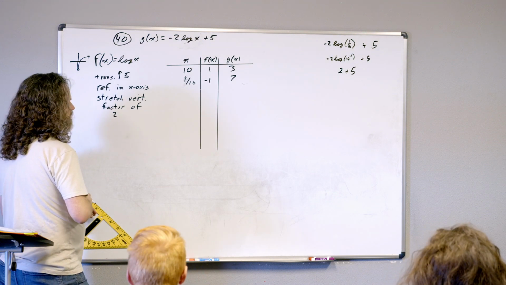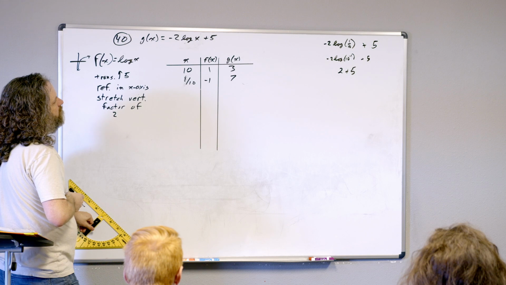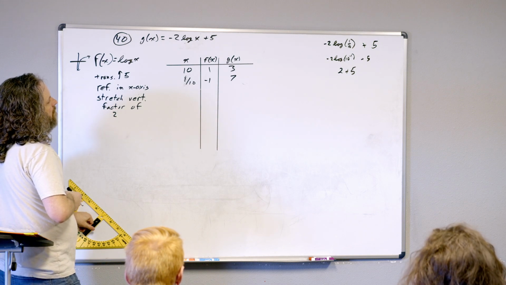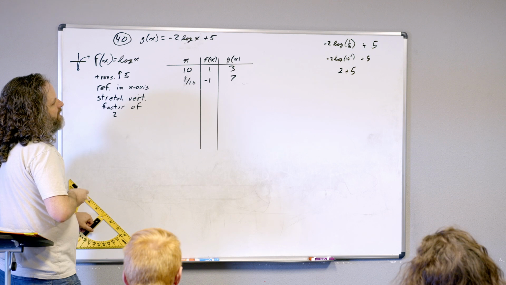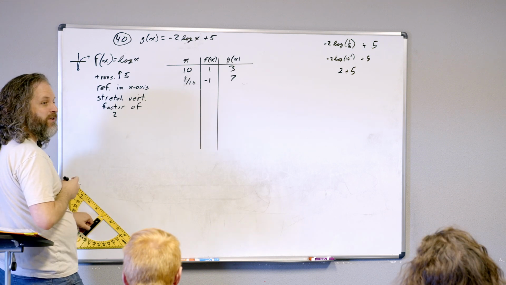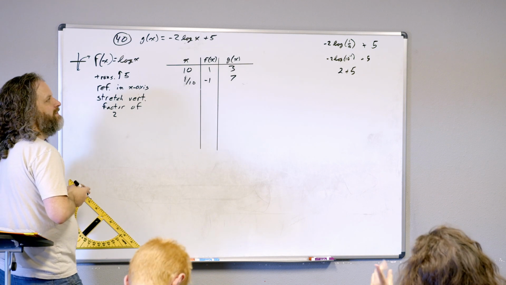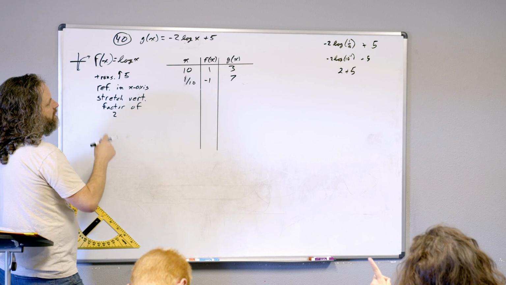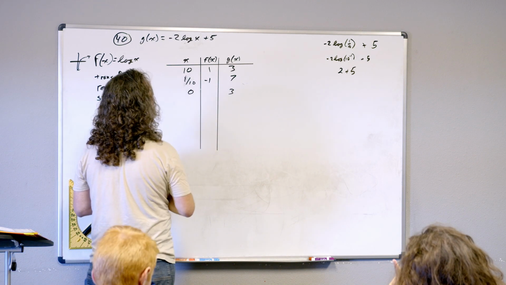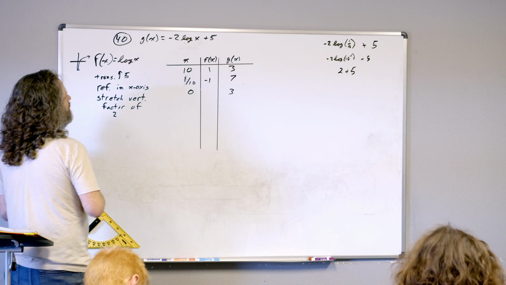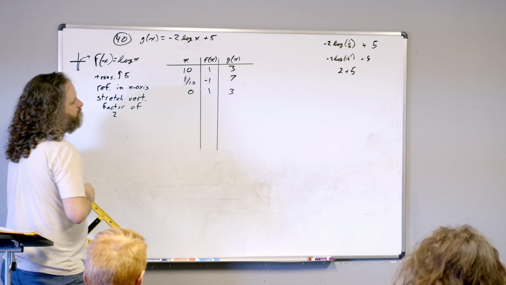We still need 1 on x, I guess. No, we can put a 0 in there, sure. Log base 10 of 0 is what? 1. So then 1. So that'd be 3. This one would be 1, right?